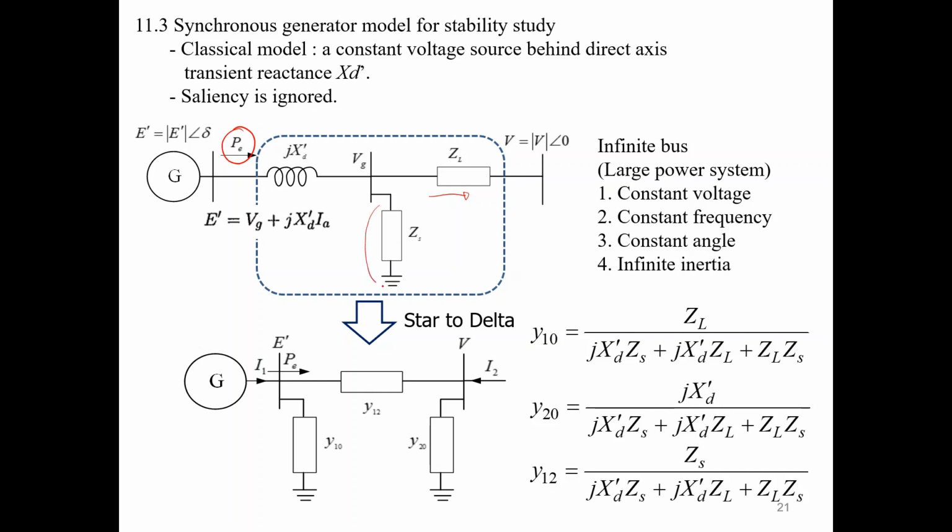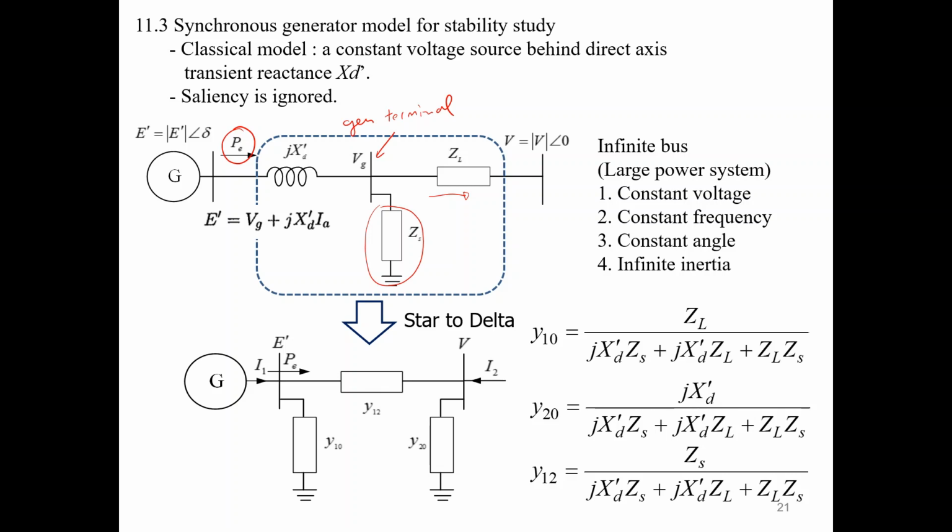This could be for the sake of compensation, for example. We have a CS connected in series like this at the terminal of the generator. This is the generator terminal. Now we try to model this.